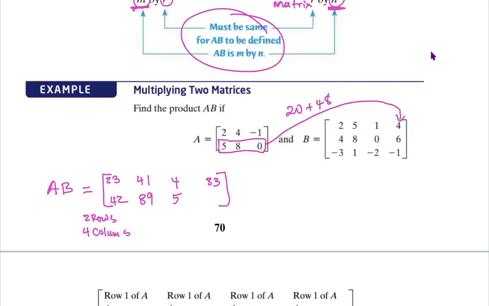And then 0 times -1, that's 0. So that totals to 68. And that is the product of A and B based on these two given matrices.